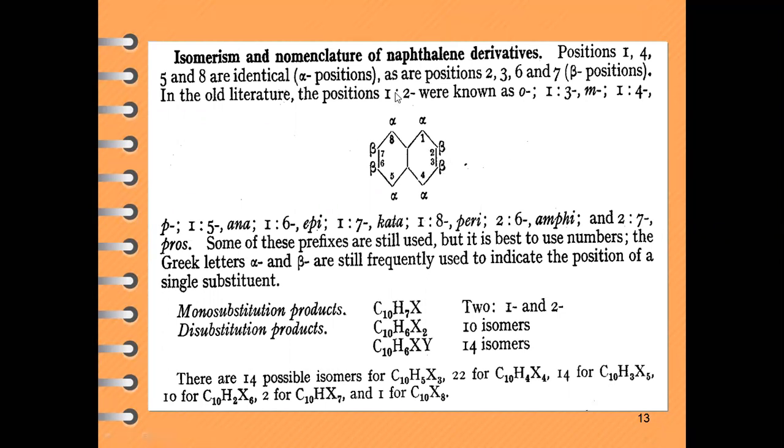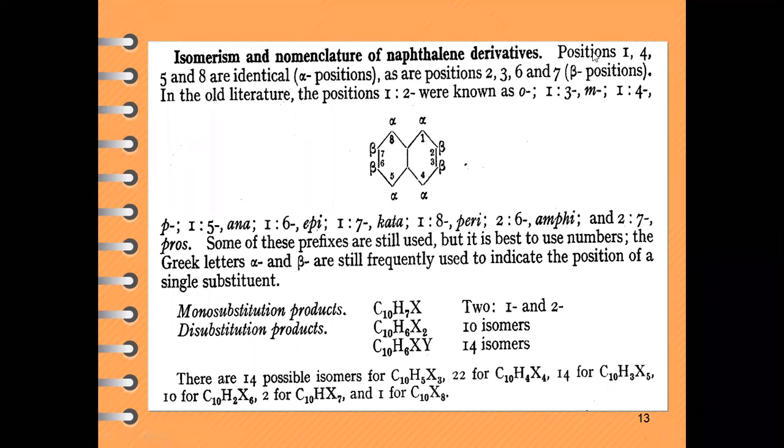According to the older nomenclature system, previously they named the structure using alpha and beta.